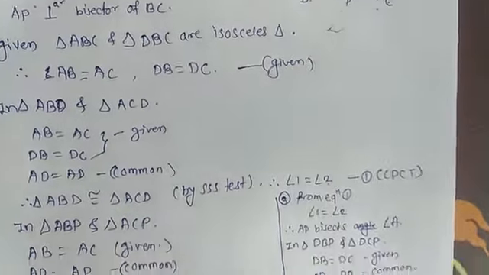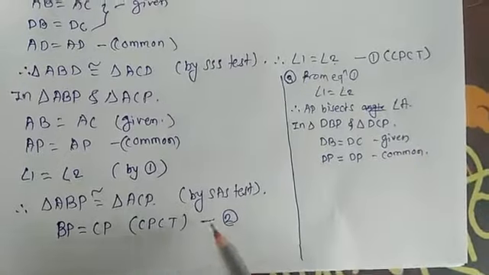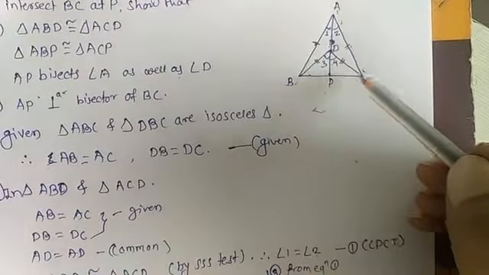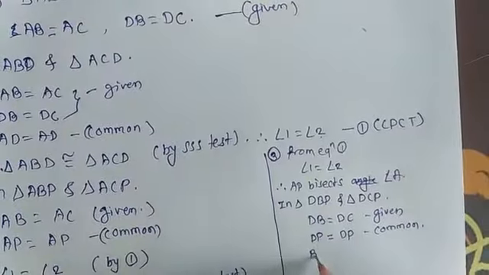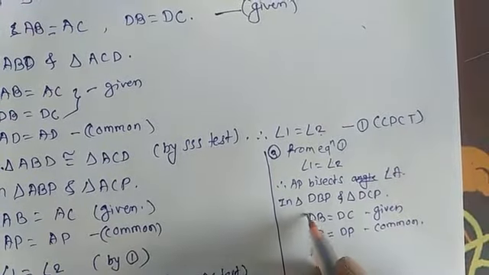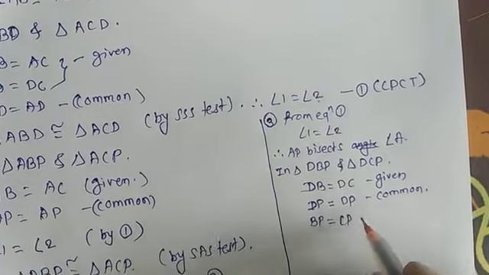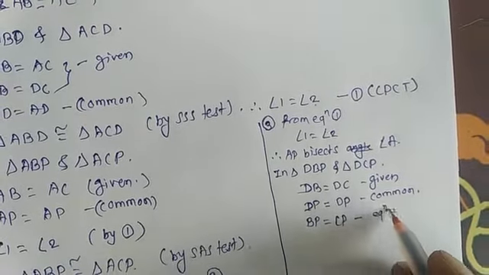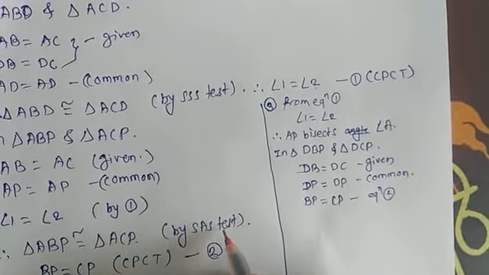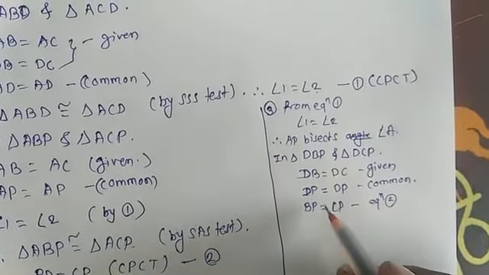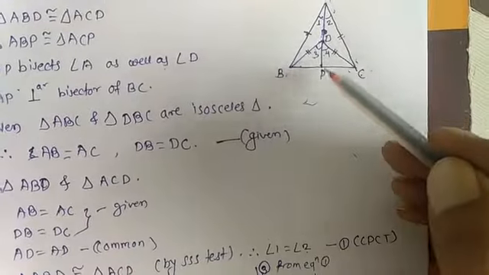Next, from equation 2 we have proved that BP is equal to CP, that is CPCT of the second part. Now here three sides of these two triangles are equal.